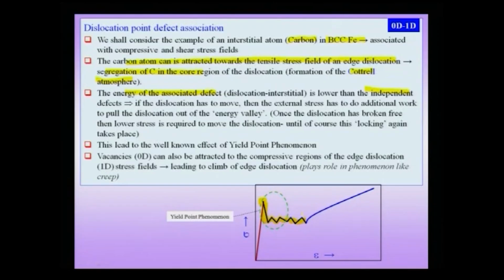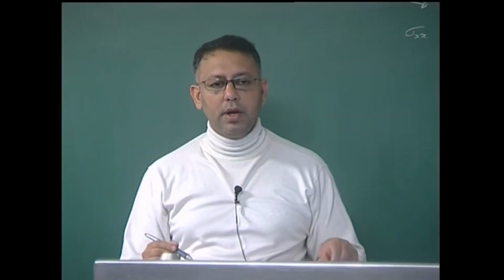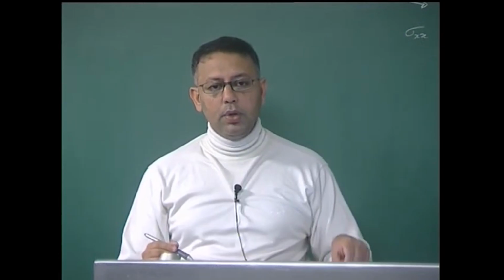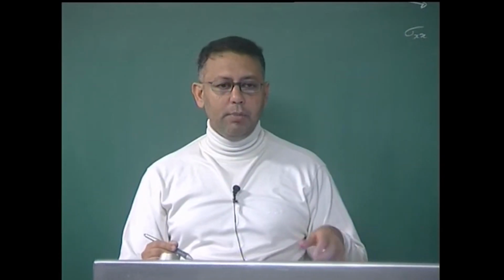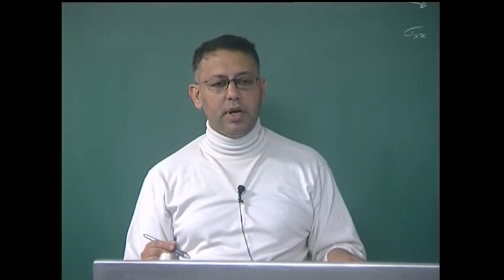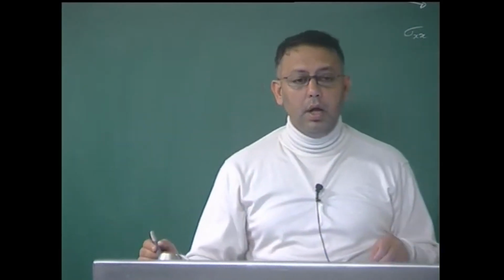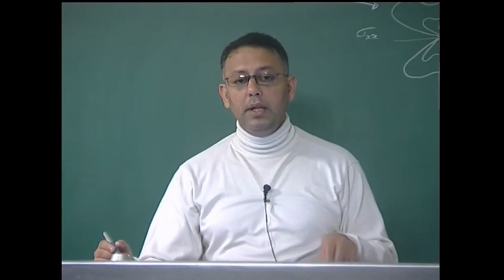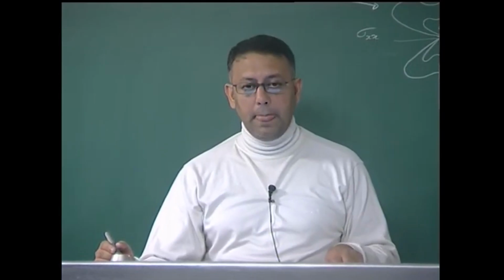This whole yield point phenomenon is related to the locking of the dislocation, and I am using locking in the sense I told you of a decreased energy state, which results from the association, from the locking of the dislocation by the solute atmosphere.